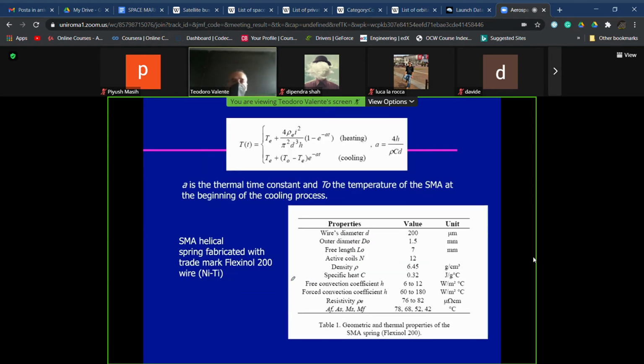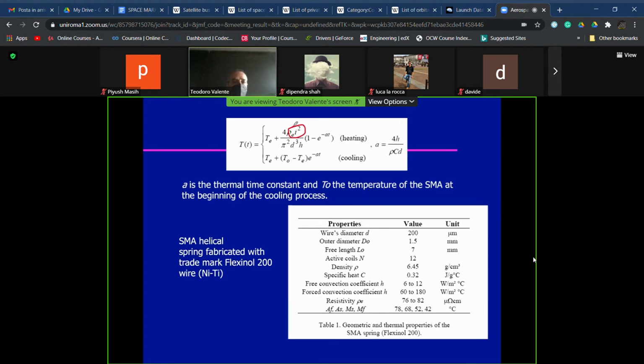When we solve that equation, we have a solution on heating and a solution on cooling. What I mean is that when we heat, we have the current intensity.